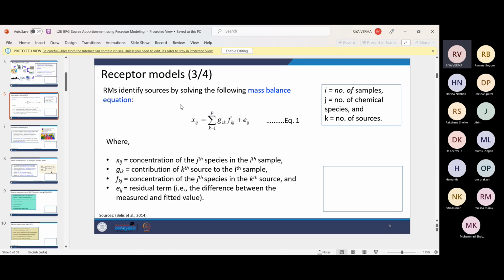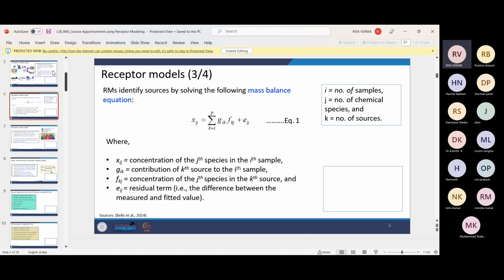G is the contribution of the kth source to the ith sample, that sample which we are considering here. G is its contribution and F is the concentration of the jth species in the kth source, right? And here E is your residual term which is not given in the question, so we'll be considering this G and F, correct? Yes, ma'am. Contribution and the concentration and its summation.